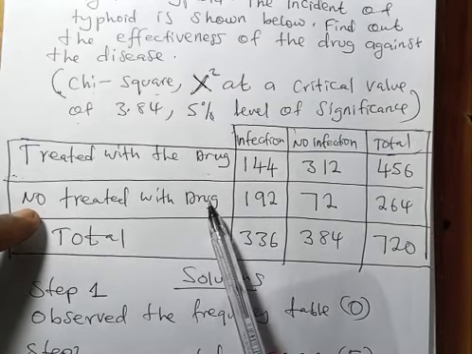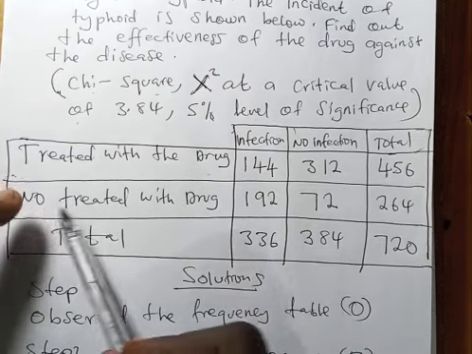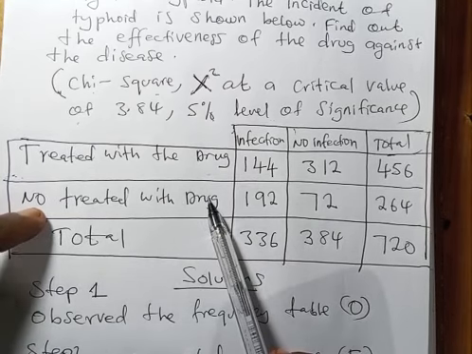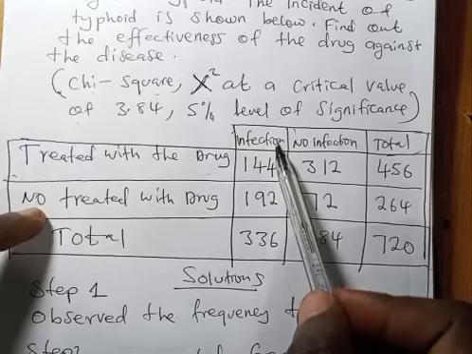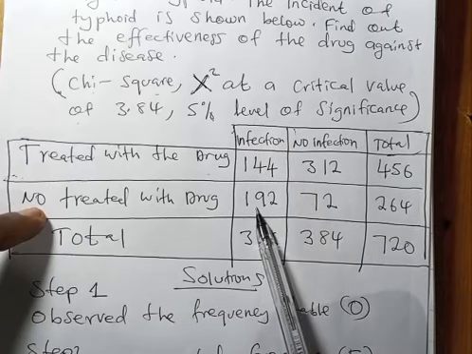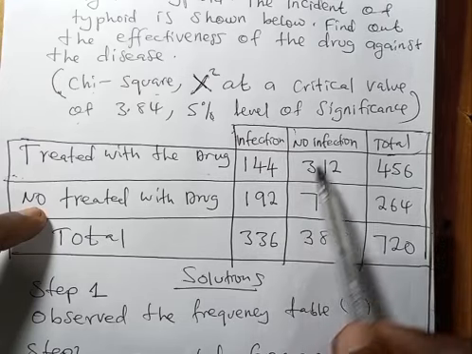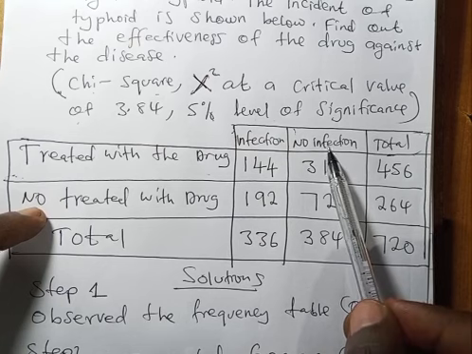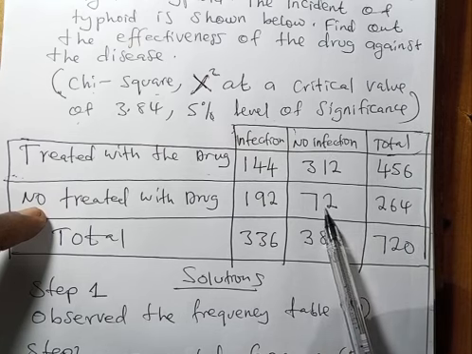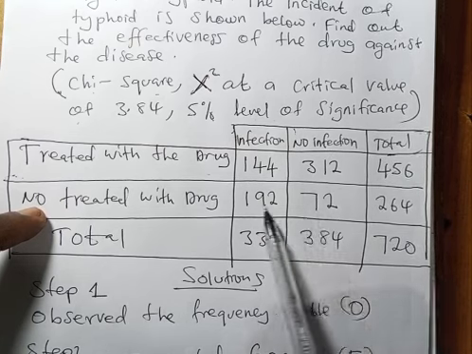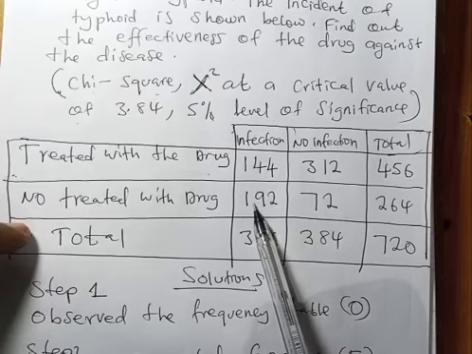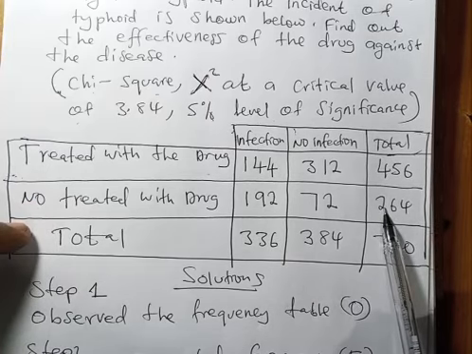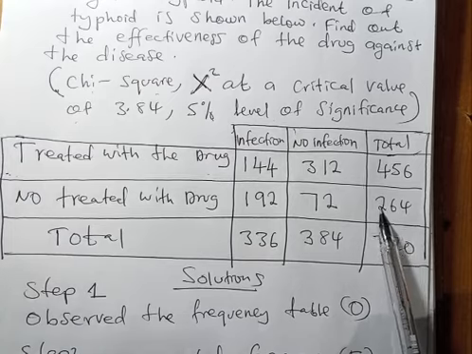Then there's also not treated with a drug. For those not treated, they discovered that for those with infection there is 192, and for those with no infection there's 72. When you add 192 plus 72, it gives us 264.